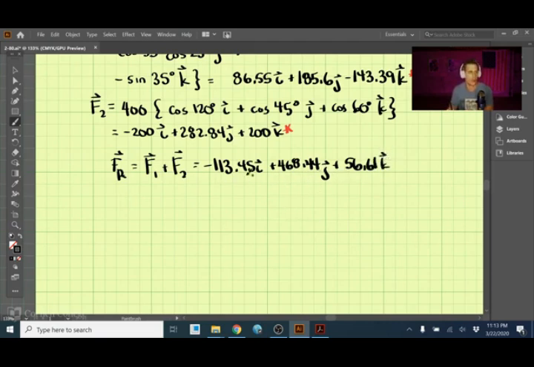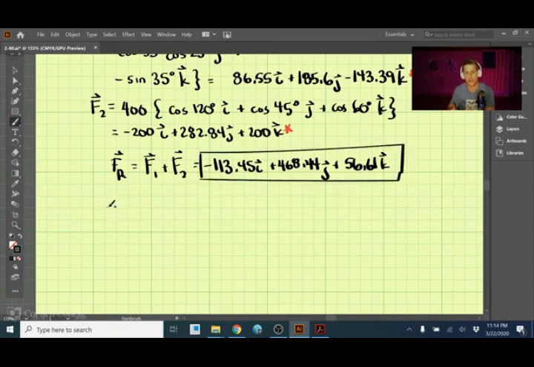All right, so this is our F1 plus F2. For our answer, you probably want to round these to 3 significant figures. Now we need to figure out the magnitude. All right, so I'm just going to circle this because this is one of our answers as long as it's rounded to 3 significant figures.